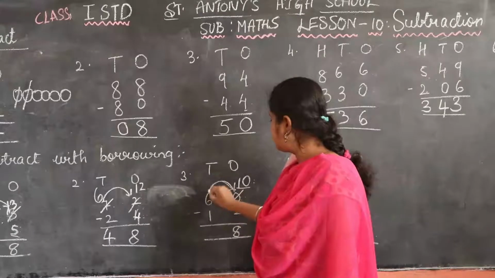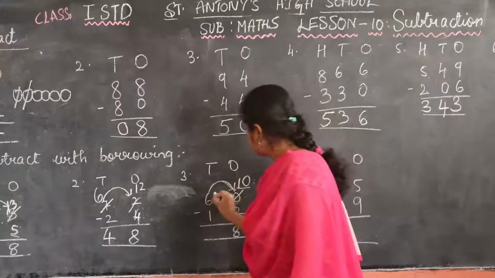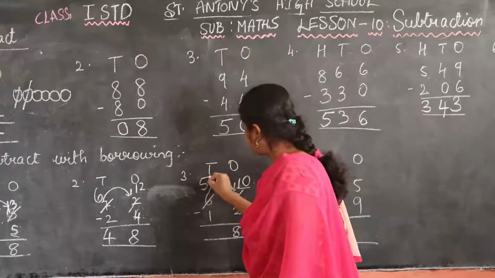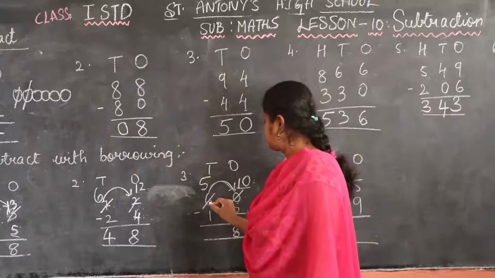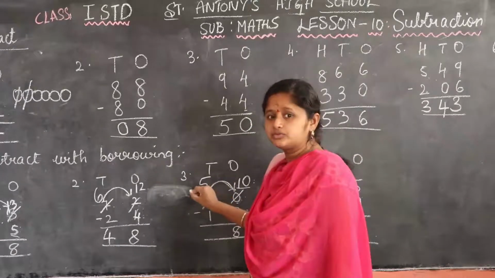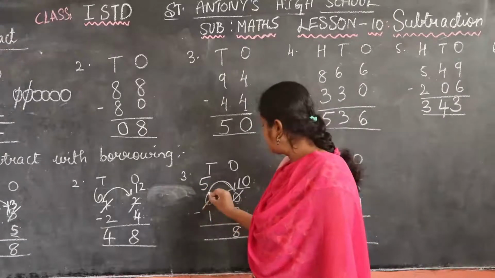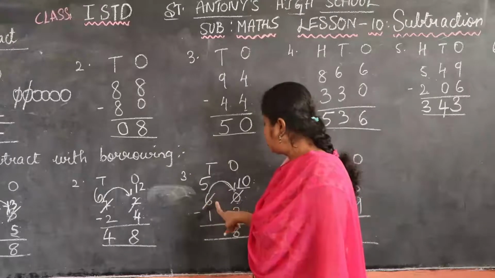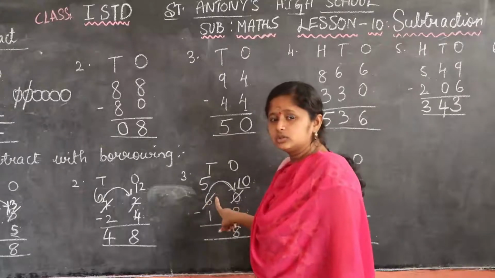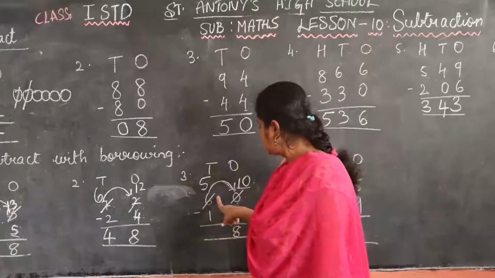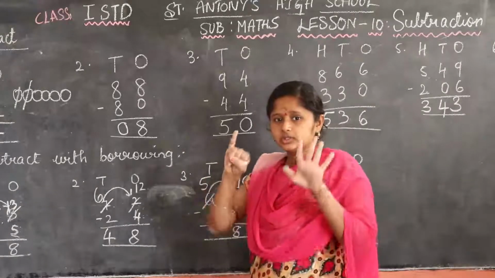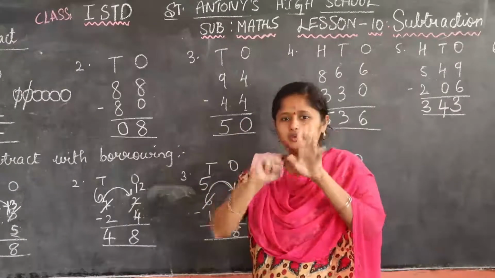Next, we have borrowed 1, so 6 will become 5. 6 will become 5 because we have borrowed 1, so the number will become less. 6 minus 1 is how much children? 6 minus 1 is 5.